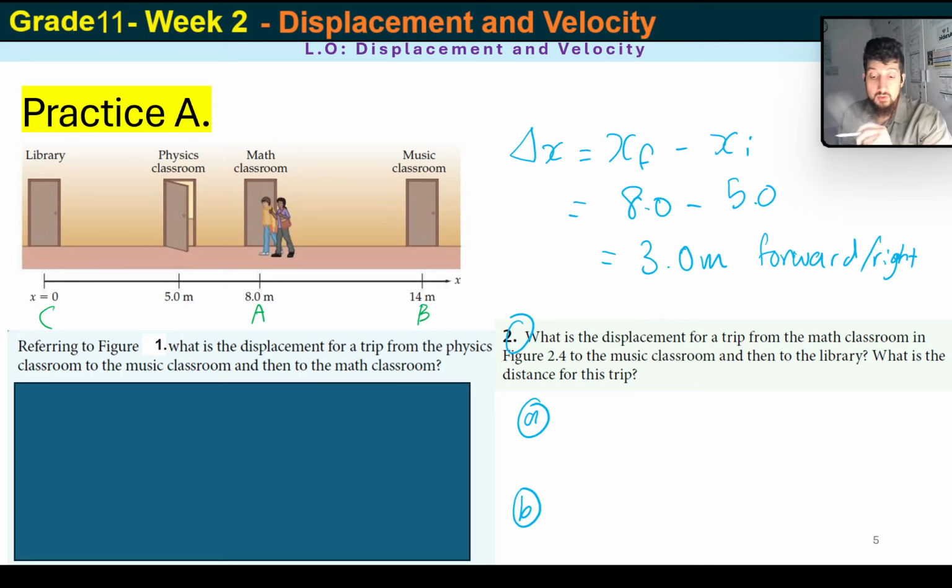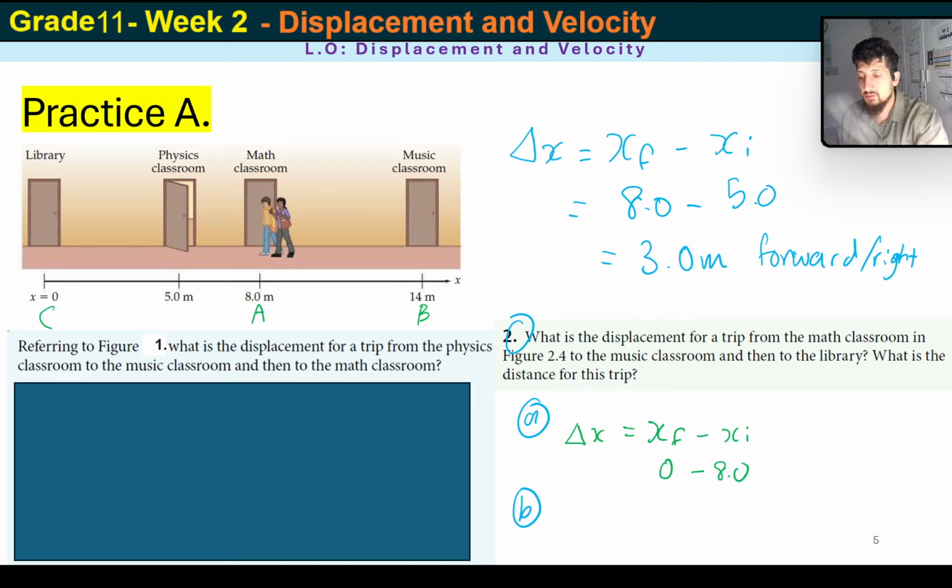Okay, so if we're looking for displacement, we're only looking at beginning and end. So the beginning is A, so here we go. Change in x, which is displacement, is equal to x final minus x initial, which is going to equal 0 minus 8.